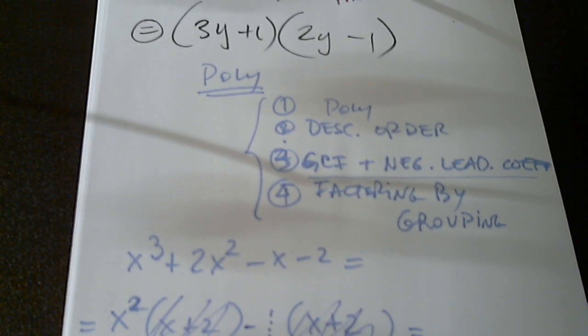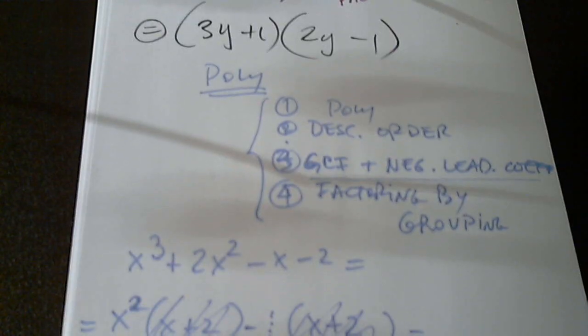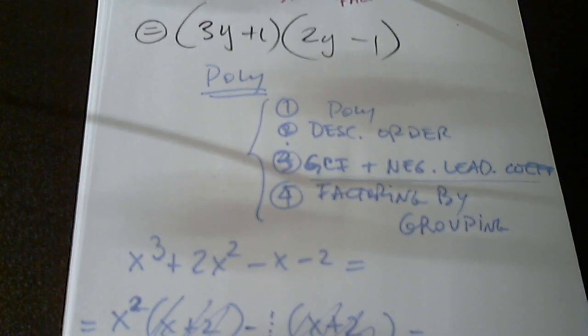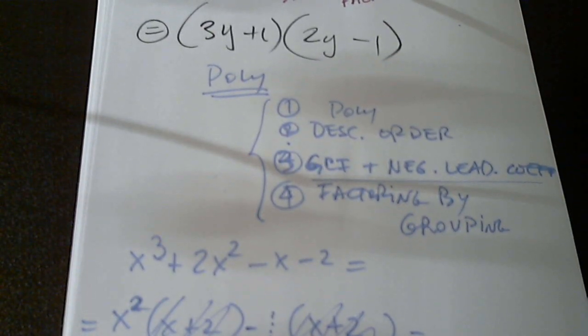And this can be factored. It's a binomial and we know how to factor it, and we're done. What is the factored form of x squared minus 1? x plus 1, x minus 1. Brilliant. Thank you.